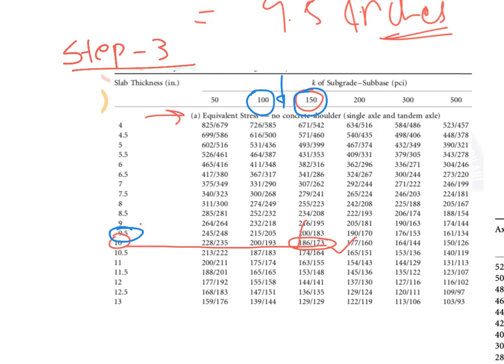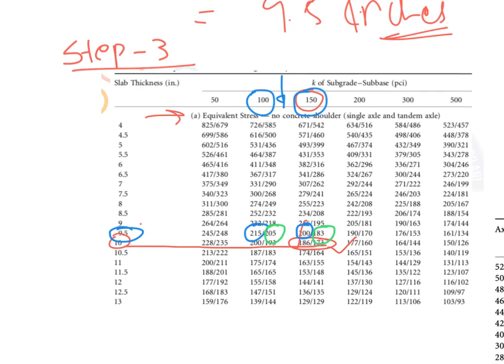So for single axle, the equivalent stress should be in between 215 and 200, and for tandem axle your stress should be in between 205 and 183.